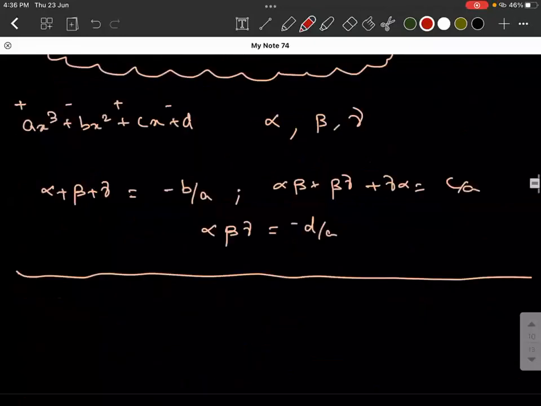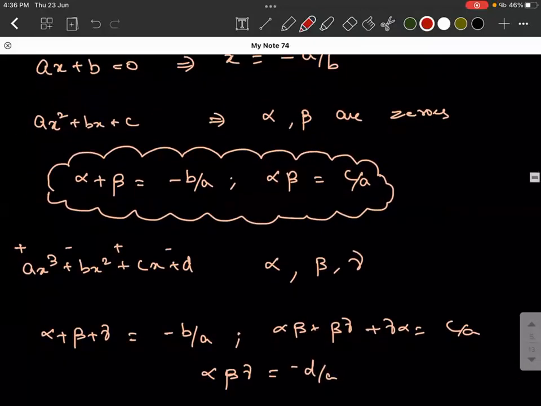This one, AX cube plus BX square plus CX plus D. If alpha, beta, gamma are the roots, then what operations do we do? Alpha plus beta plus gamma is minus B by A. I told you need not memorize it. You remember that method which I told you need not memorize? I'll repeat that again. Concentrate, okay?